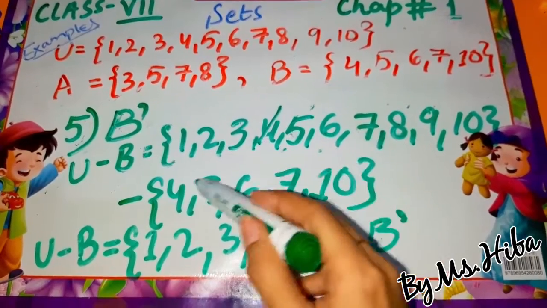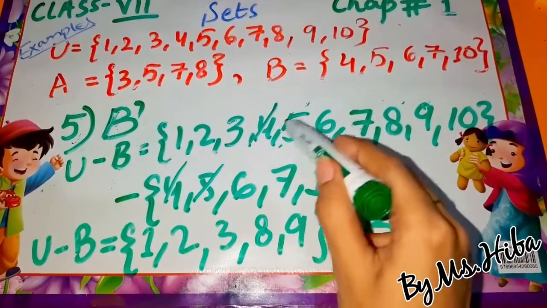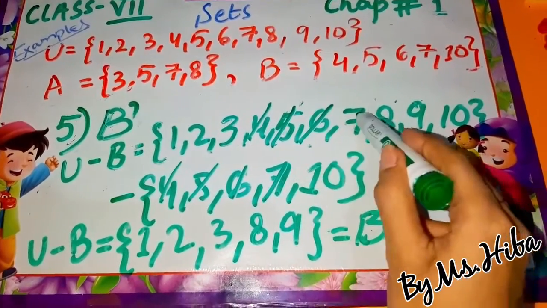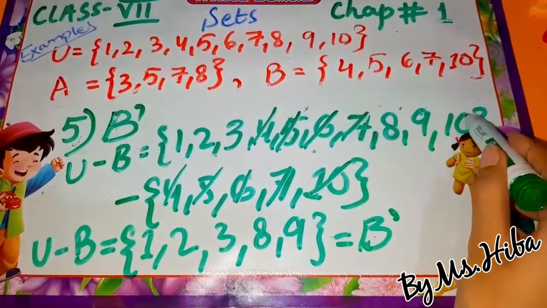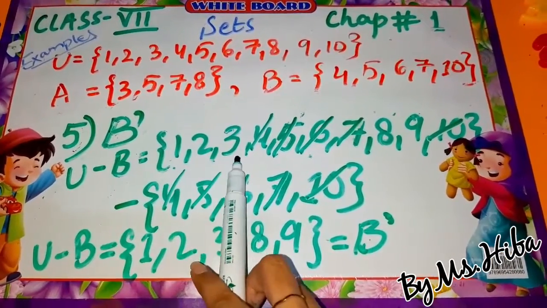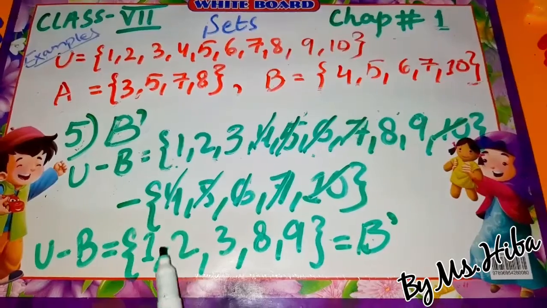As we can see, 4 is common, 5, 6, 7 and 10. So we have 1, 2, 3, 8 and 9, as you can see here.